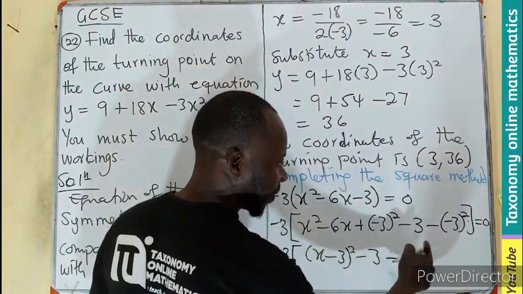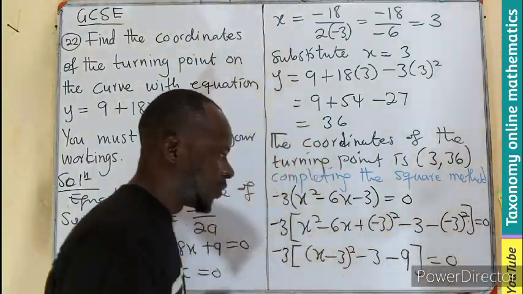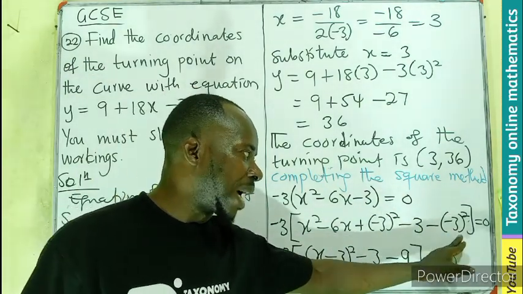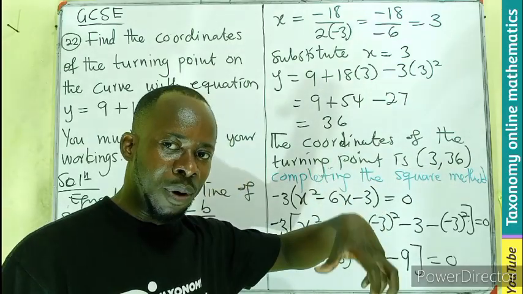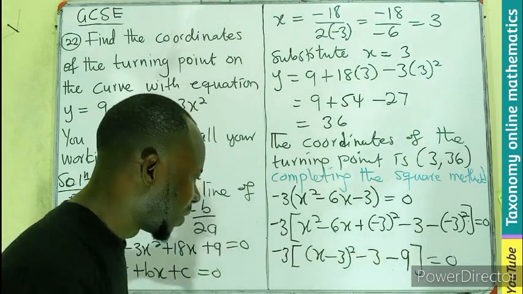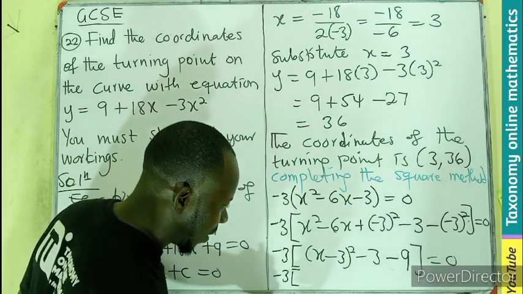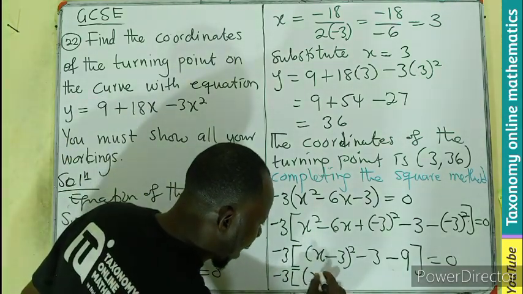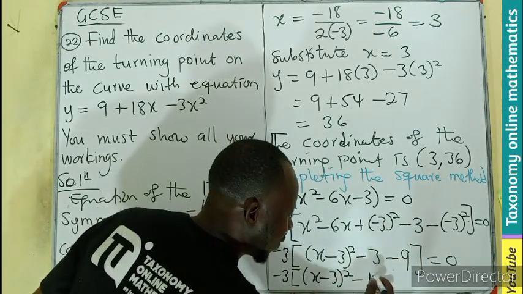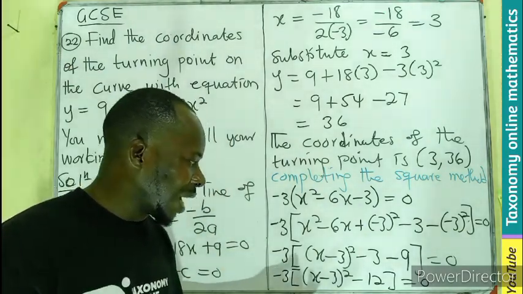I am repeating this negative 3 outside the bracket, and the bracket inside will be positive 9. So now we compute this. We maintain our minus 3 in here. So we have x minus 3 all squared, minus 3 minus 9 will be minus 12, all equals 0.